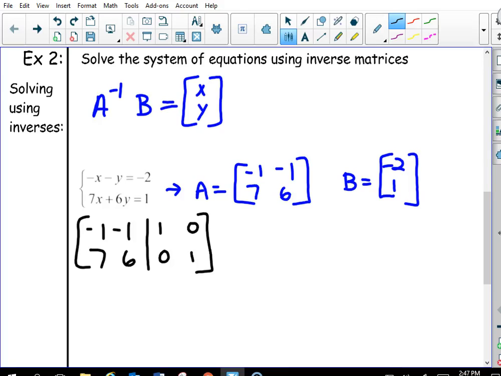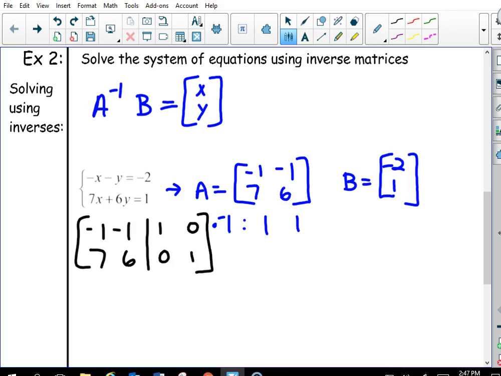And the first thing I notice is, so again, I'm working on column 1, and I need to turn column 1 on the left matrix into a 1 and a 0. So the first thing I notice is I've got a -1. So if I multiply this equation by -1, I'm going to get a 1 where I want it, the first column, first row.